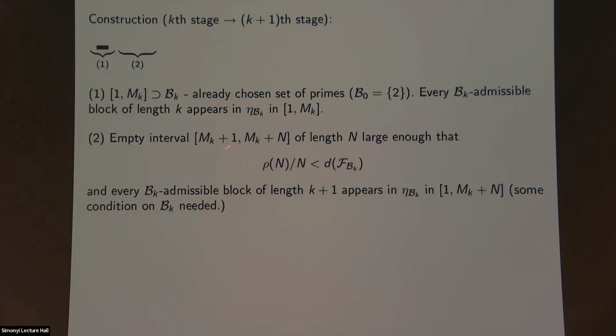And empty means that you will not take any elements from this interval to your set B. And also, this interval is long enough that every Bk-admissible block of length k+1 appears in eta B somewhere in this region. So something has to be assumed before about Bk, but okay, this is stable.